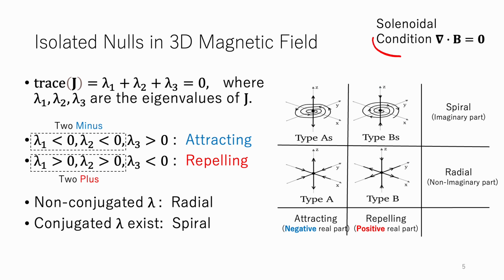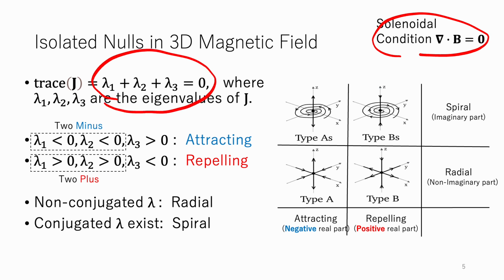We have a solenoidal condition. Thus, the eigenvalues of the Jacobian, lambda 1, lambda 2, lambda 3, have to sum to 0. Following this condition, two of the eigenvalues have to be minus or have to be plus.